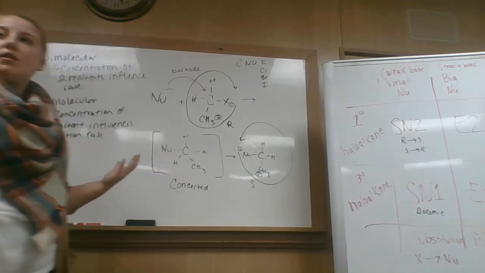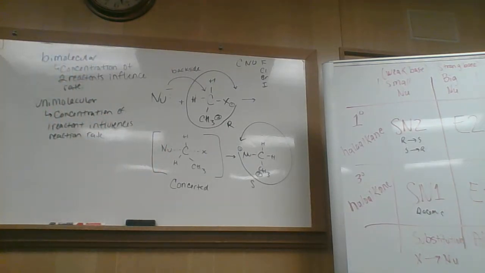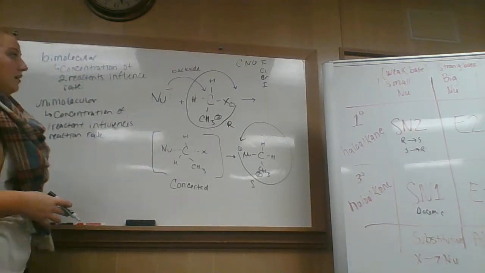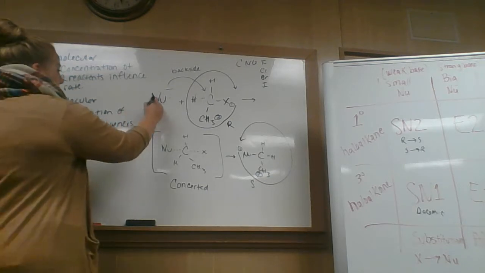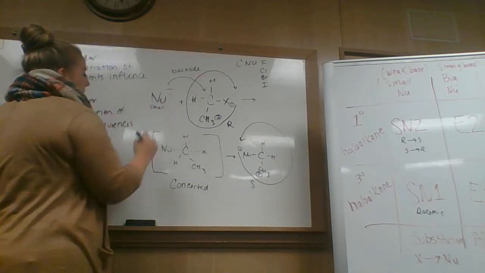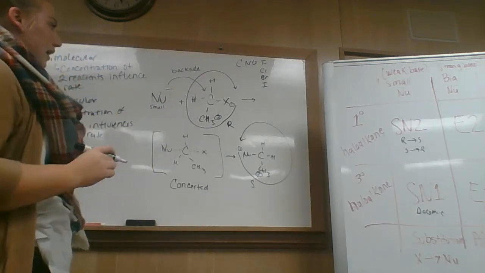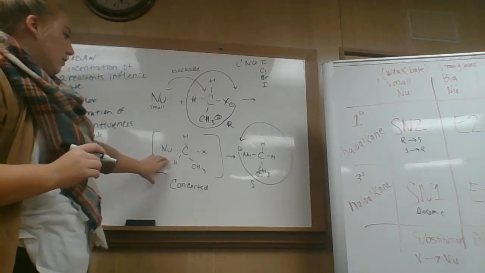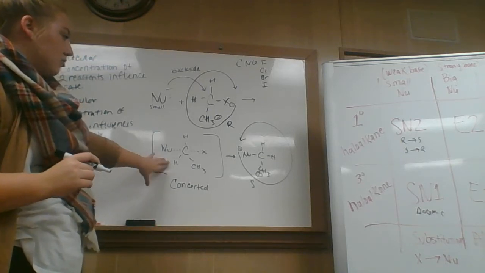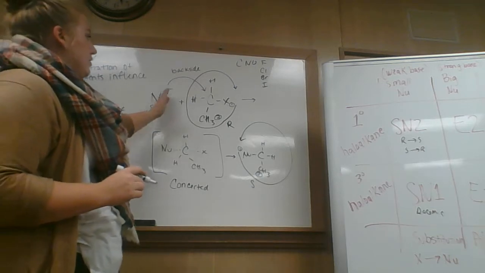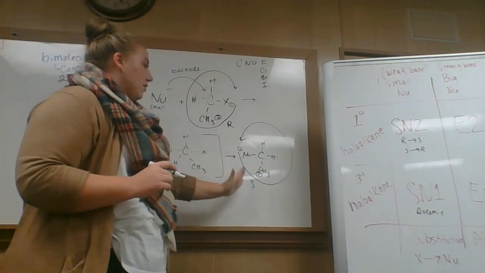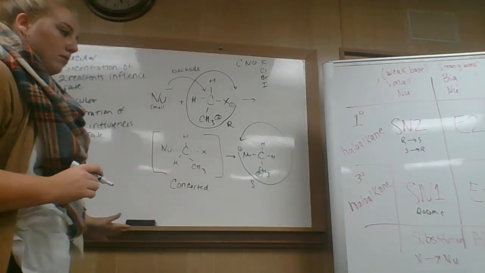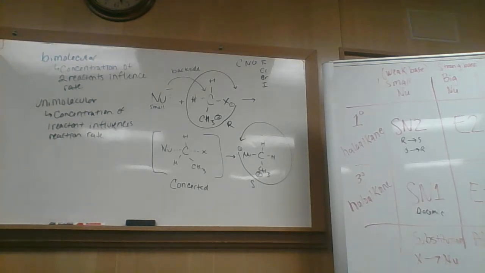If you have a big nucleophile, it's going to be sterically hindered, and the reaction isn't going to take place. So small nucleophile, primary alkyl halide. There's a concerted reaction with a transition state, and it's stereospecific, meaning that the absolute configuration is going to switch. What did I forget?